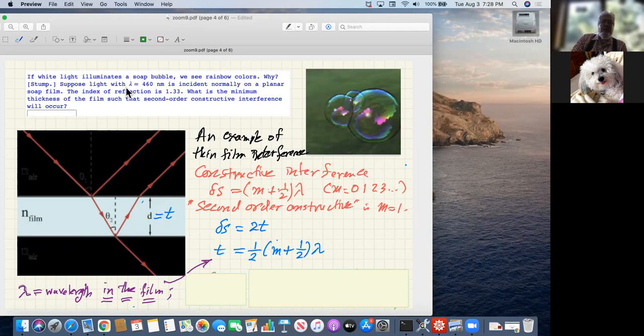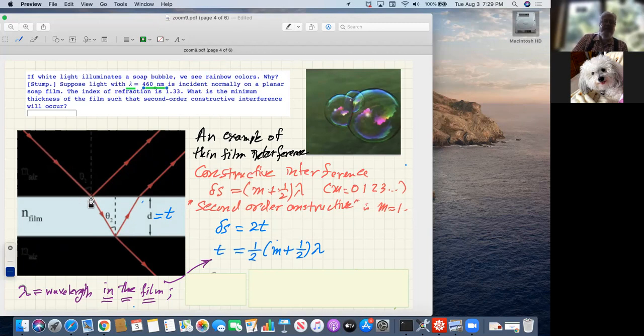Now we want to consider this wavelength, 460 nanometers, which would be blue or violet. For the small region where the reflection is taking place, we can treat the soap bubble as a flat surface. So we just need to analyze light incident normally on a planar soap film. So here's the incoming light.